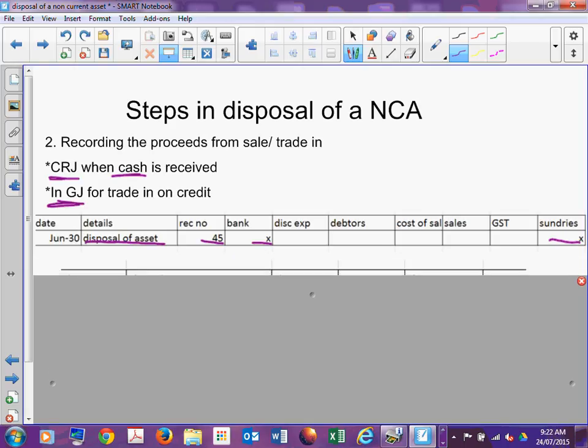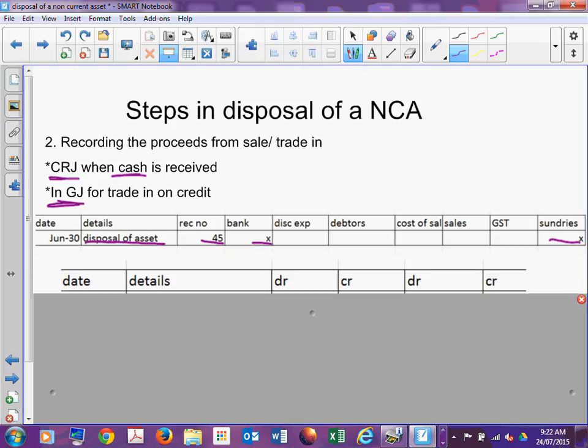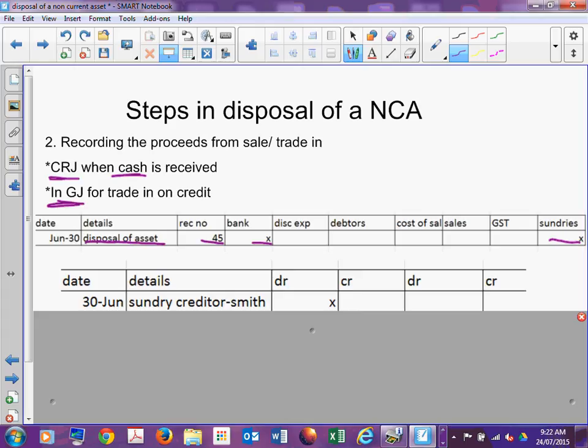In the general journal, we have to deal with the fact that we no longer owe the sundry creditor as much for the asset. So therefore, the sundry creditor gets a debit entry. Now the reason that we call them a sundry creditor is the same reason we have sundries.